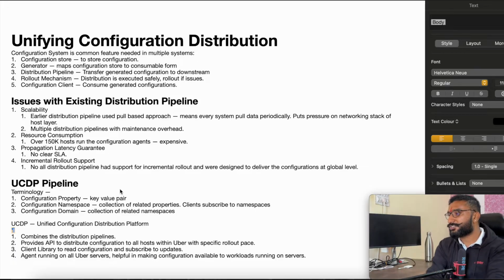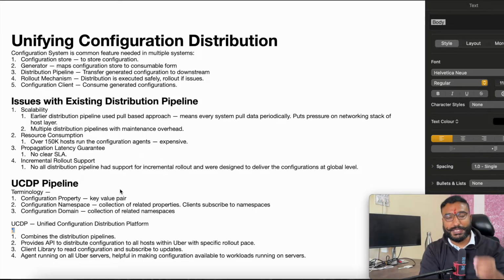When I say consumable form, it just means maybe you are storing those configurations in a compressed format, but you are delivering them in a readable format, let's say a JSON format or XML format. That's what we mean by generator. Then the distribution pipeline, as the name suggests, is responsible for distributing the configurations kept in the configuration store to whichever clients are interested in them.